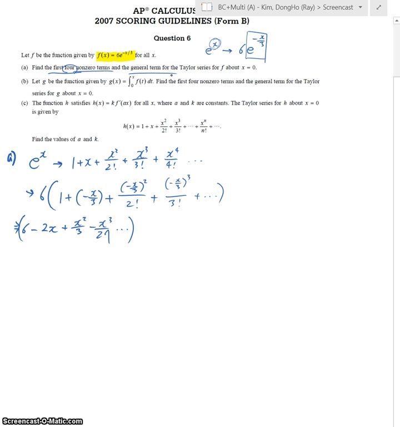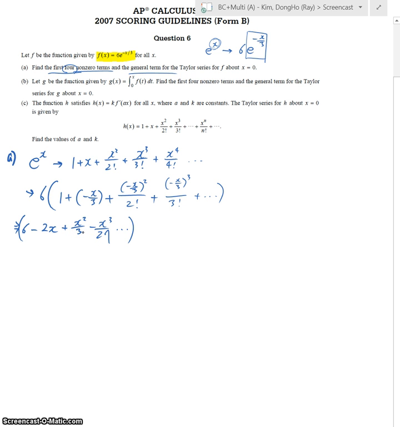Now because we have 4 non-zero terms, it's easy to get the general term. There's no easy way out or shortcut. You just have to get the general formula using n and x, so that in each nth term you end up with something like this. When n equals 0, you get this by plugging into that general term, when n equals 1, you end up with this, and n equals 2, you end up with that.